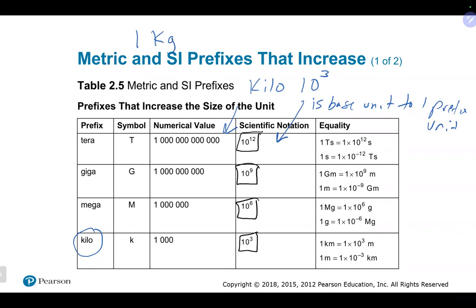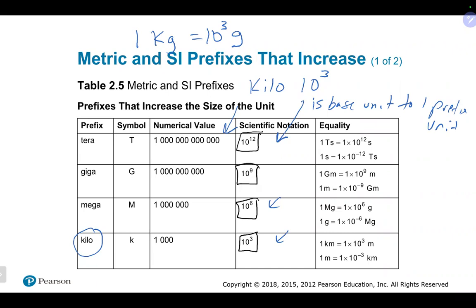The base unit here would be grams. I would have 10 to the 3 grams. I would not have 10 to the 3 kilograms in 1 gram, which is a very common way people do it wrong, backwards. So whatever numbers you see here is how much there is in the base unit to one of the prefix units. And again, it's super common.